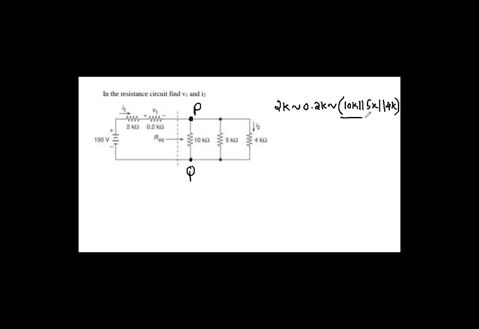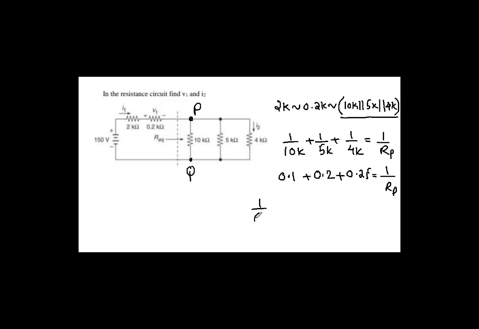Let us calculate the parallel combination first. The parallel combination will give you 1 by 10K plus 1 by 5K plus 1 by 4K as the parallel equivalent, R parallel. 1 by 10K is 0.1, plus 1 by 5 is 0.2, plus 1 by 4 is 0.25. This is 1 by R parallel.